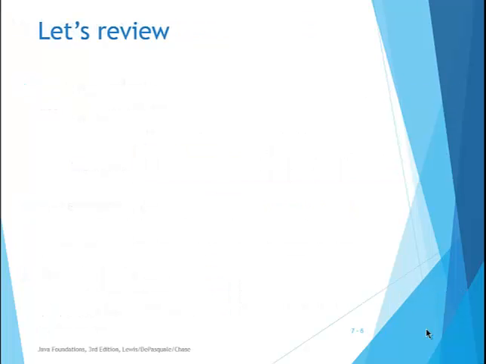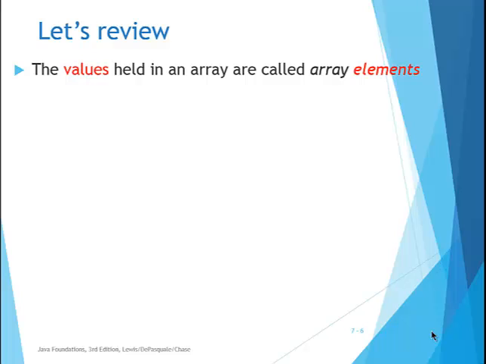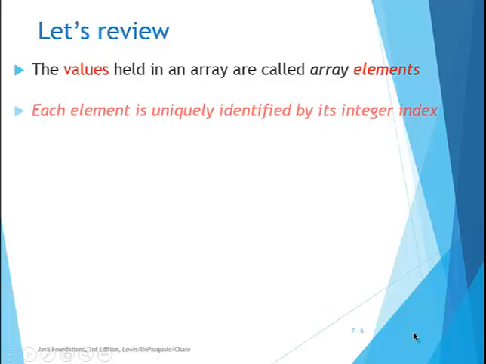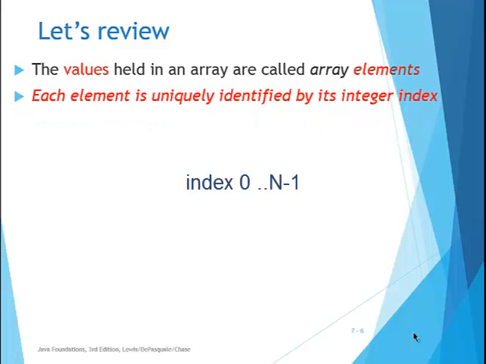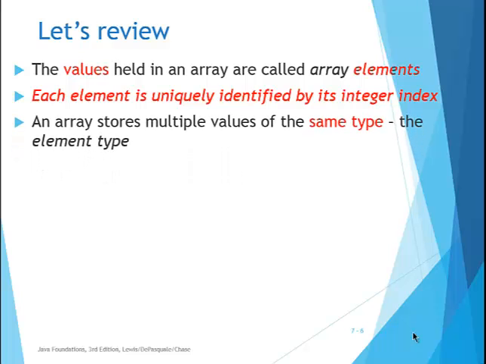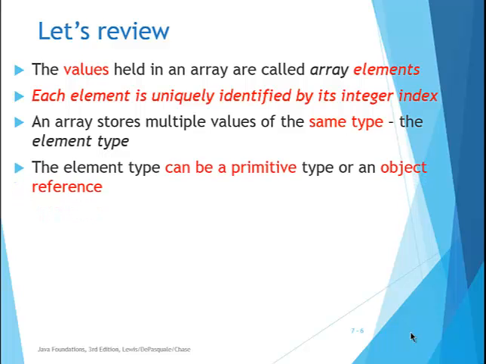Let's review. The values held in an array are called array elements. Each element is uniquely identified by its integer index. An array stores multiple values of the same type, the element type. The element type can be a primitive type or an object reference.